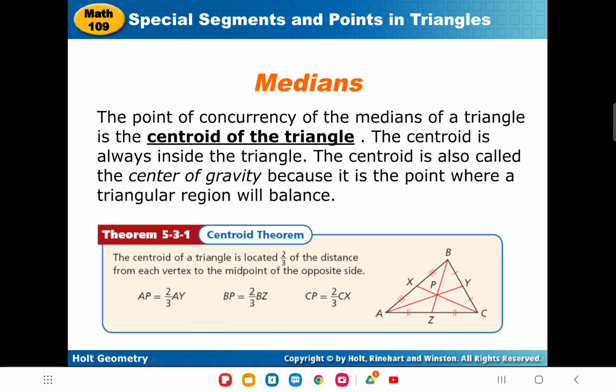The centroid of the triangle is located 2/3 of the distance from each vertex to the midpoint of the opposite side. That means that AP is 2/3 of the length of segment AY. PY, therefore, is 1/3 of that length. Similarly, BP is 2/3 of the length of the segment BZ, and CP is 2/3 the length of CX.